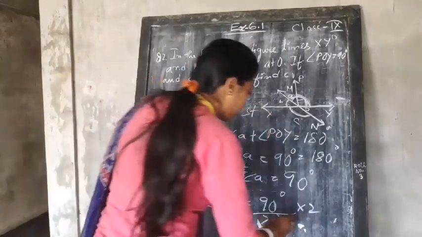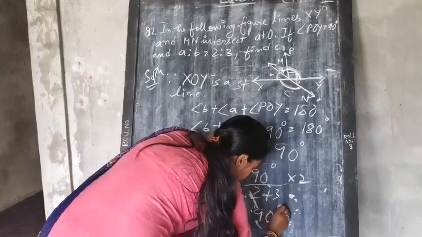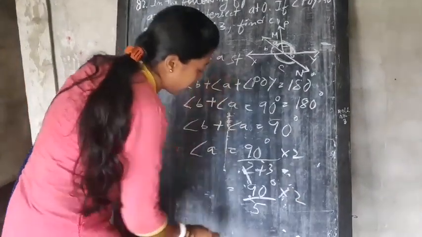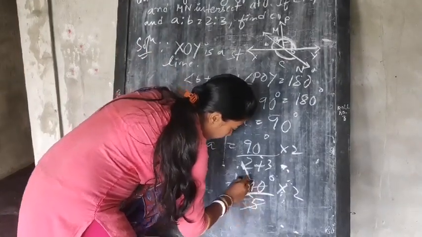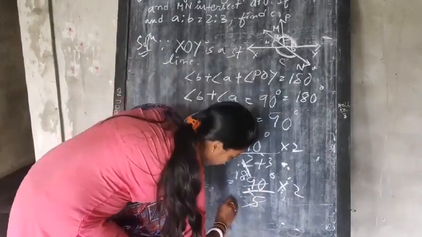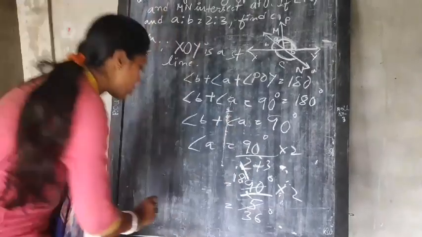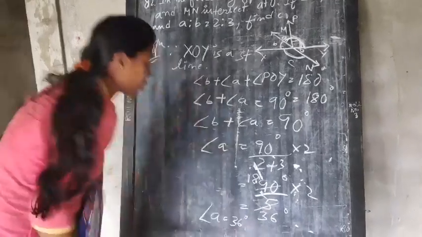So how much? 90 degree, 2 plus 3 is 5, into 2. Now you will cancel. 5 ones are 5 and 5 eights are 40. So 18 twos are 36 degree. So angle A is 36 degree.